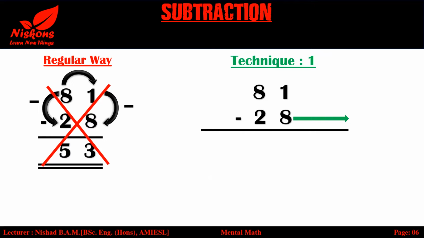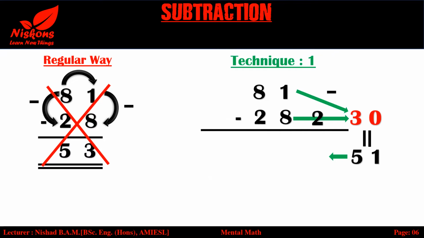So we have to subtract the next tens. So 81 minus 30 will be equal to 51. Then we have to obtain the difference between 28 and the next tens, which is equal to 2.